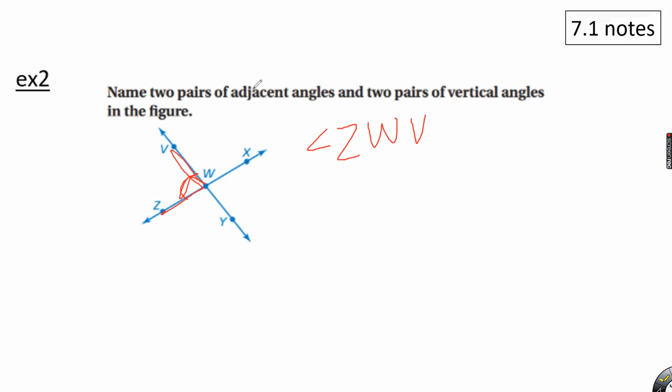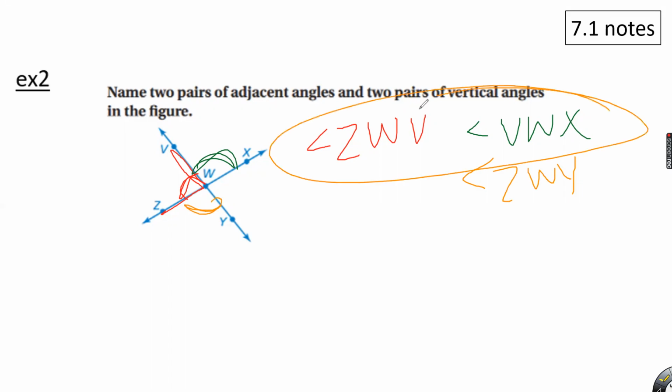An adjacent angle to that, I could say angle VWX to get this angle here, or I could say angle ZWY to get that angle there. Both of those would be correct answers for adjacent angles, but again, I only have to pick two pairs, so I'll just go ahead and pick these two. So as long as your two angles are next to each other, you are correct for that problem.